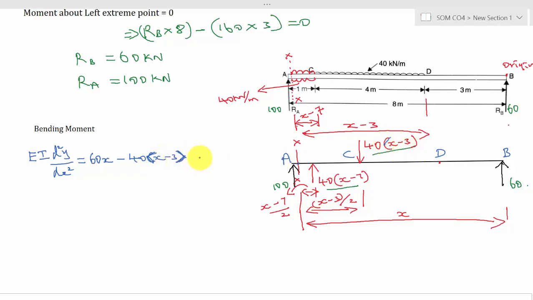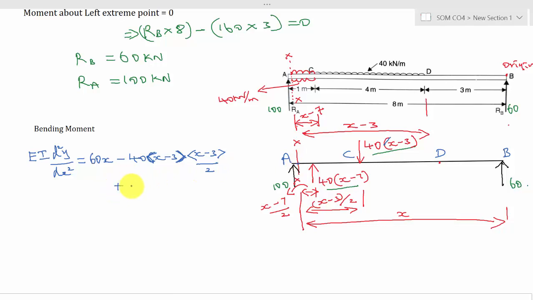Okay, so here also this is Macaulay's bracket. So it is 40 into (x minus 3) into the distance (x minus 3) divided by 2. So this is for load, and this is the perpendicular distance. Then another 40 into (x minus 7) is acting in the clockwise direction.